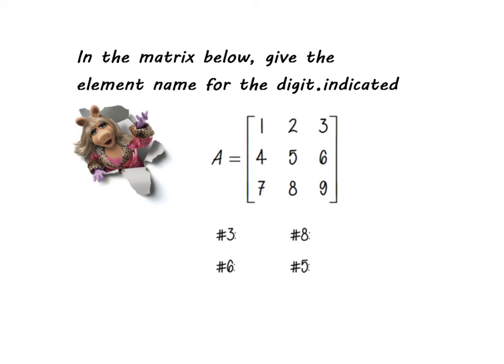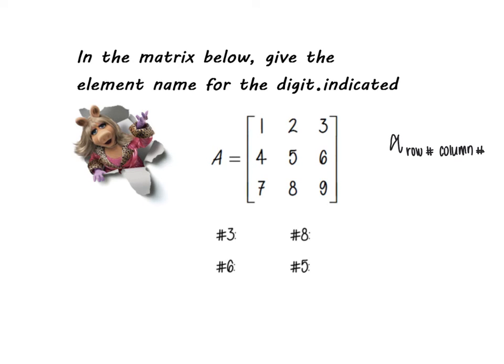For this example, it says in the matrix below, give the element name for the digit indicated. So remember, we want to put the letter. So this matrix is called A. And then we want to put our row number and then our column number.